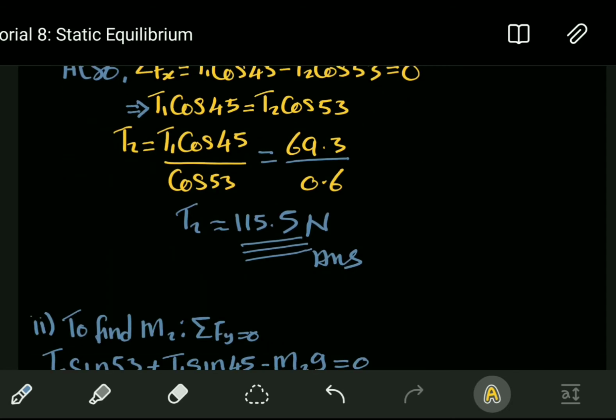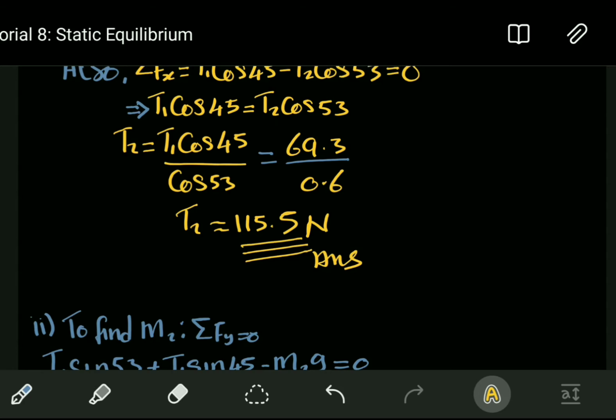If we divide that, we're going to find T2 as 115.5 newtons. So we have found T1 as well as T2 from this question. So now we have to find the mass M2.